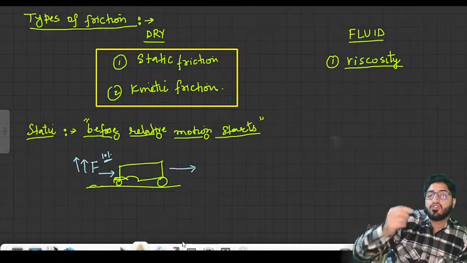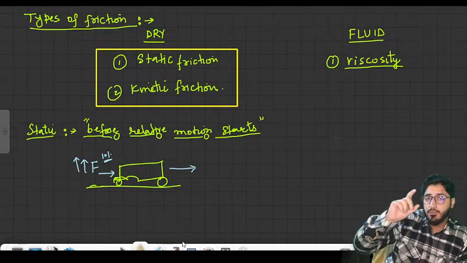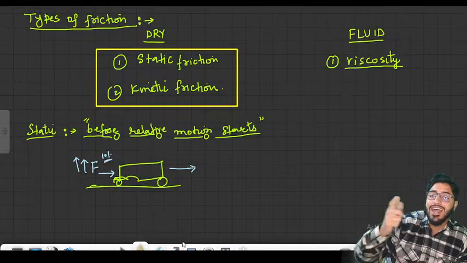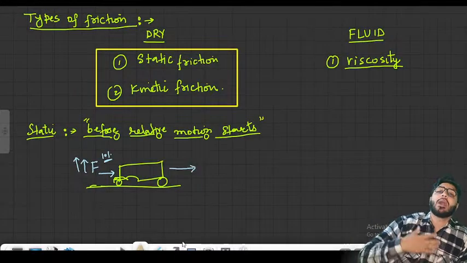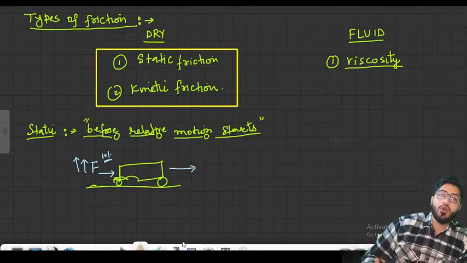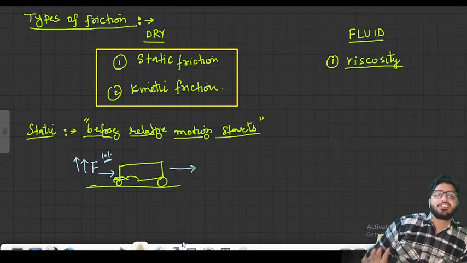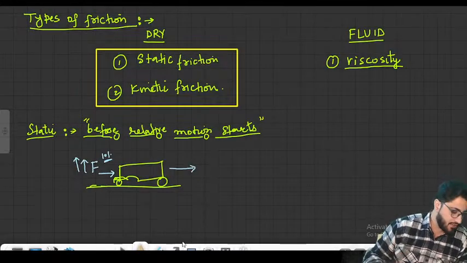That opposition is known as friction. If the box is not moving, that type of friction is known as static friction.